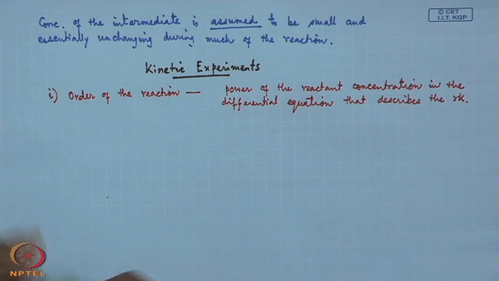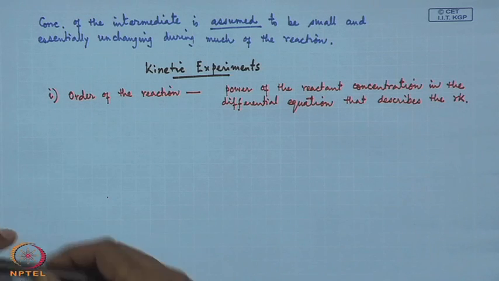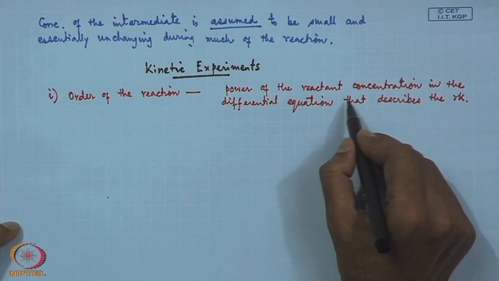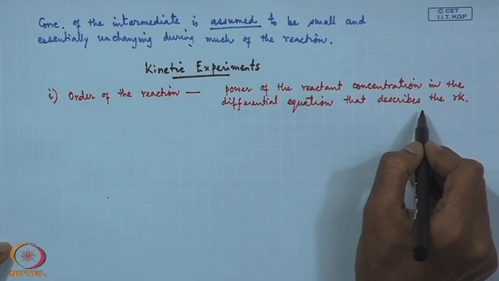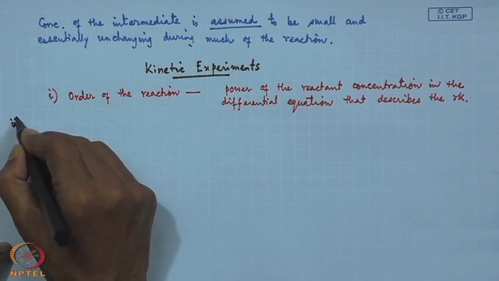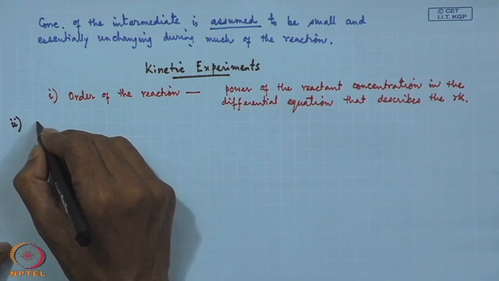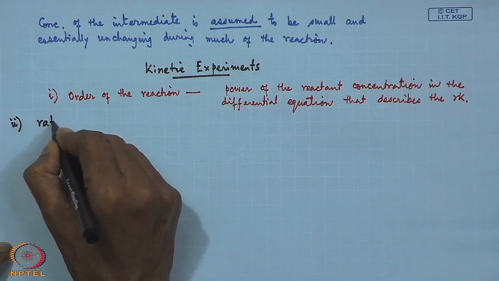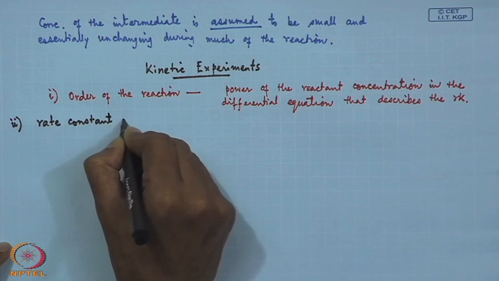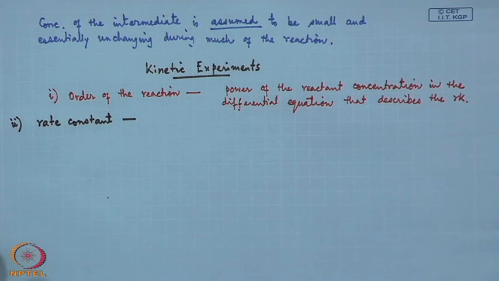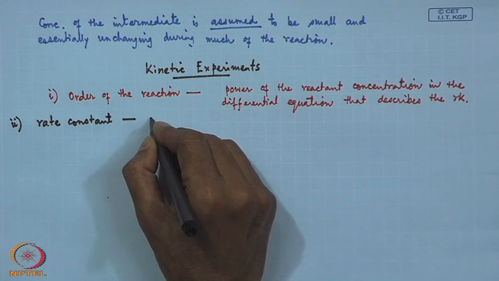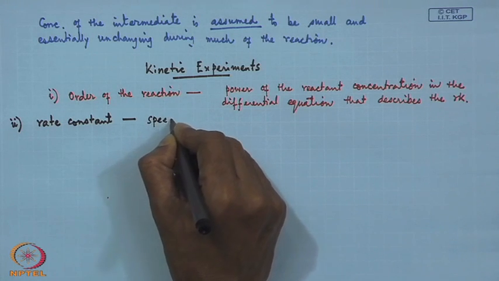If we have some power dependence on the reaction, then how this power is related to the reactant concentration will tell us the order of the reaction. Once we know the order of the reaction, we can determine the rate of the reaction or the rate constant. So, the rate constant tells us how quickly the reaction is taking place, that means the speed of the reaction.